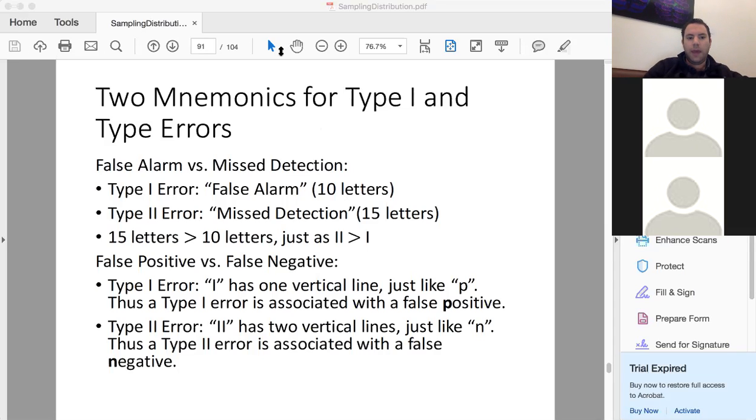So we can take a look at how we use the alpha values in the context of a hypothesis test.